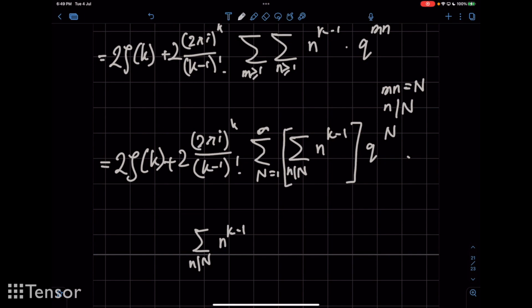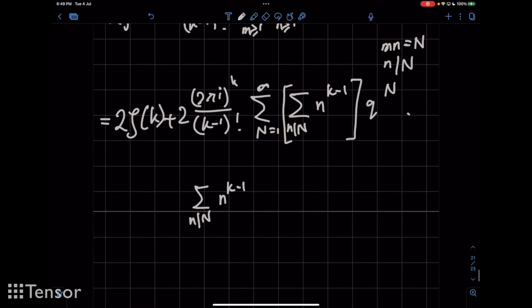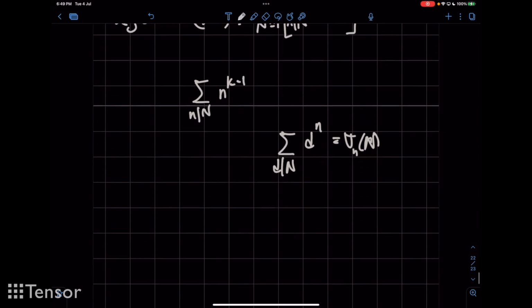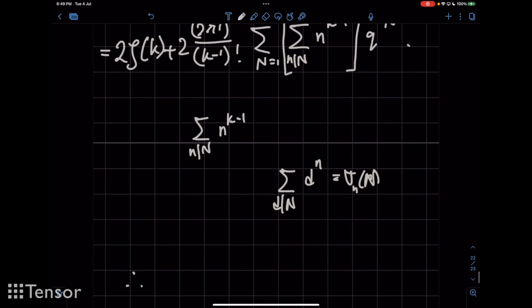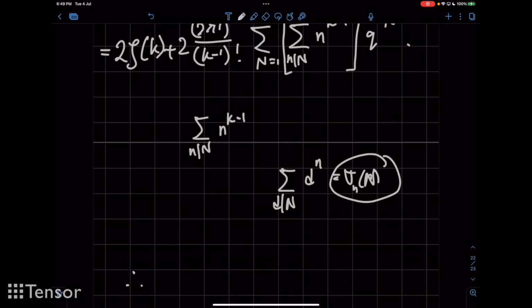Thus when k minus 1 is equal to 1, that is basically the sum of d as d divides N. So this is called the sum of divisors of N. As we increase the power, this is called sigma sub k. So it's the sum of the powers of the divisors. This is another arithmetic function, and it is very interesting in number theory.